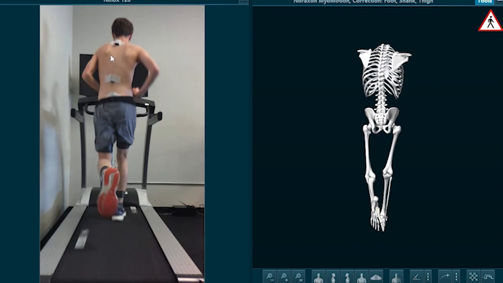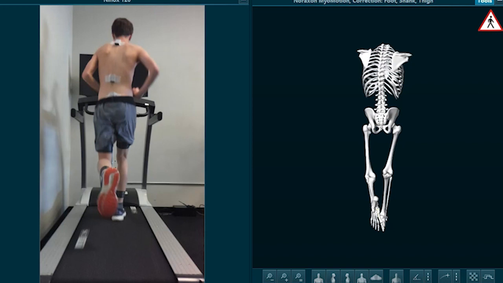And this creates a mismatch between the rotation and side bend of the upper trunk and the rotation and bending of the pelvis. So already this runner is put in a position where it's in a non-ideal state to accept load onto the leg.